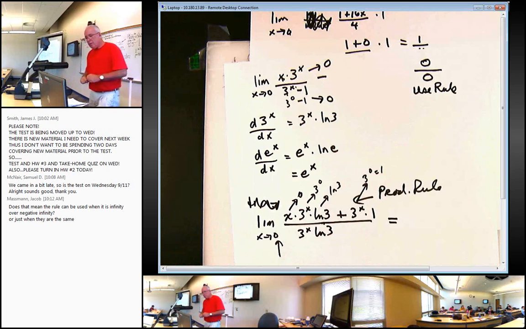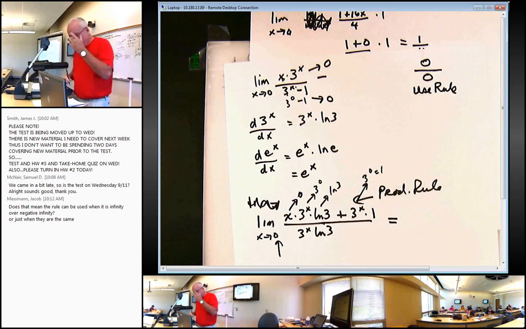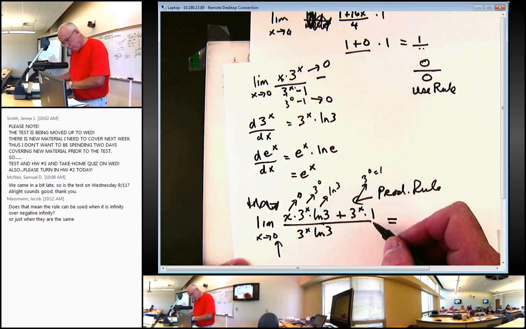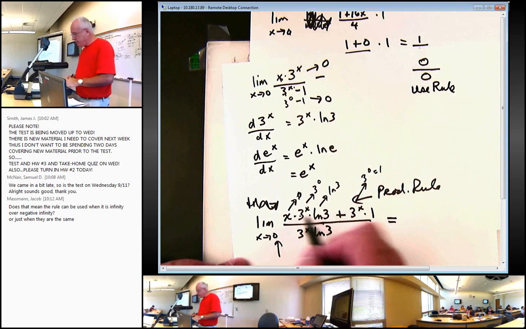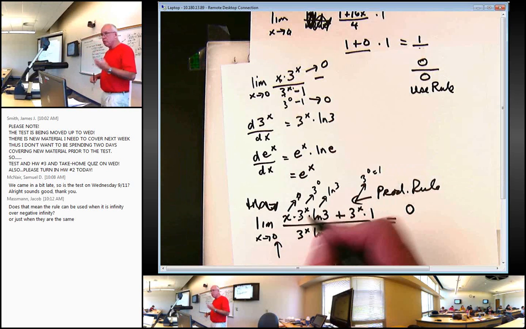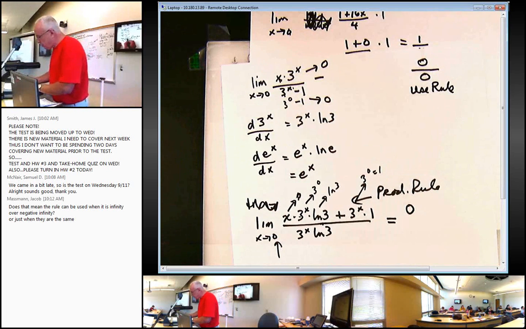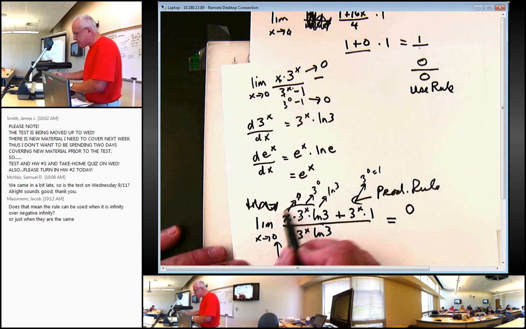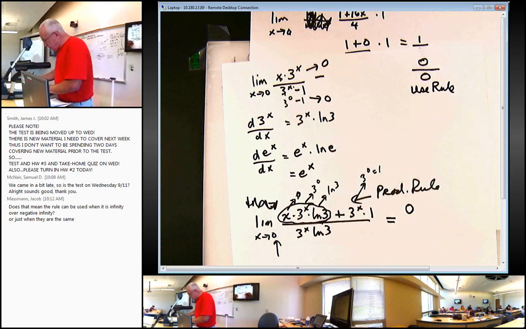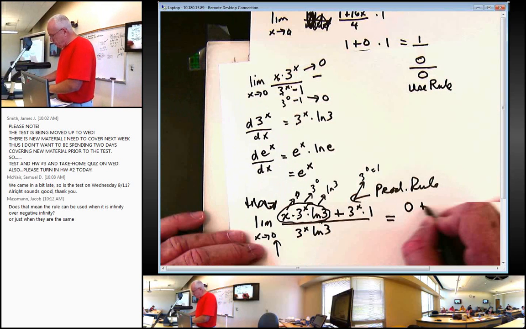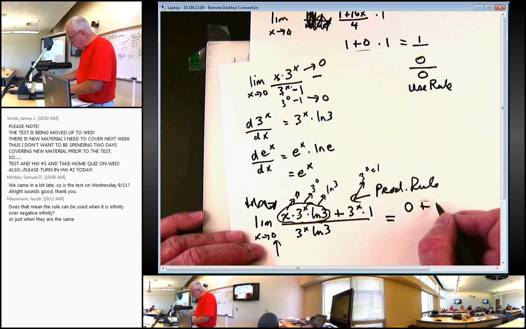So let's see what we have in the numerator. We're going to have 0 times these two expressions, so that's going to be 0 for that first term, because we've got that x there. Plus, now 3 to the 0 is 1, and 1 times 1 is 1.